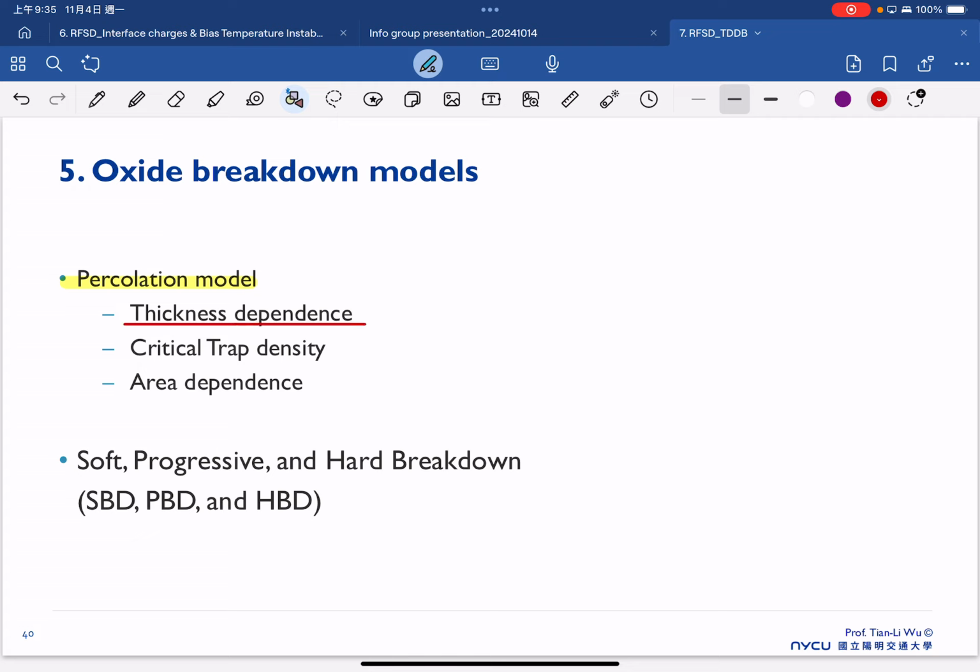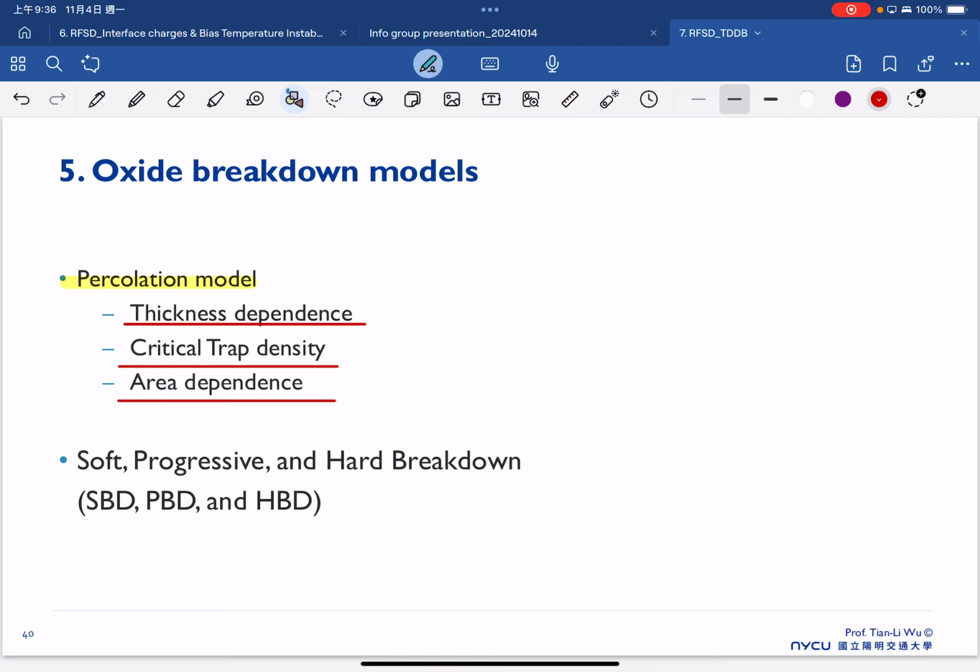If we have the TDDB effect, the thinner dielectric will take less time to break down. We can use the population model to explain this, and also the concept related to the critical trap density and the area dependency. That we already discussed last week.